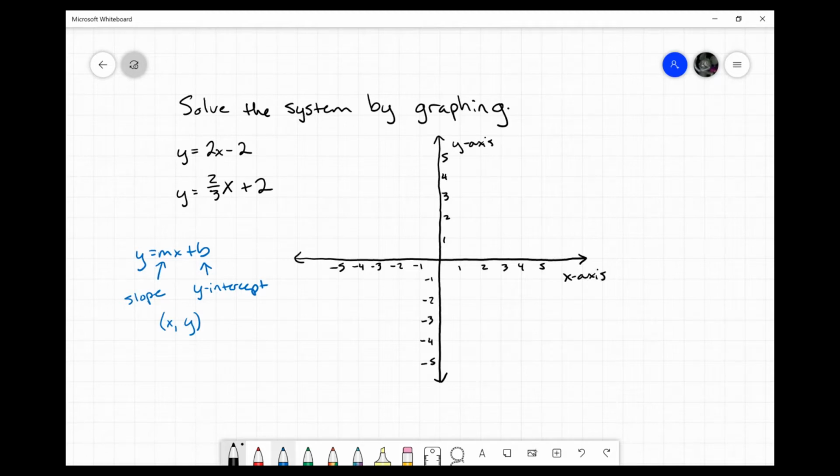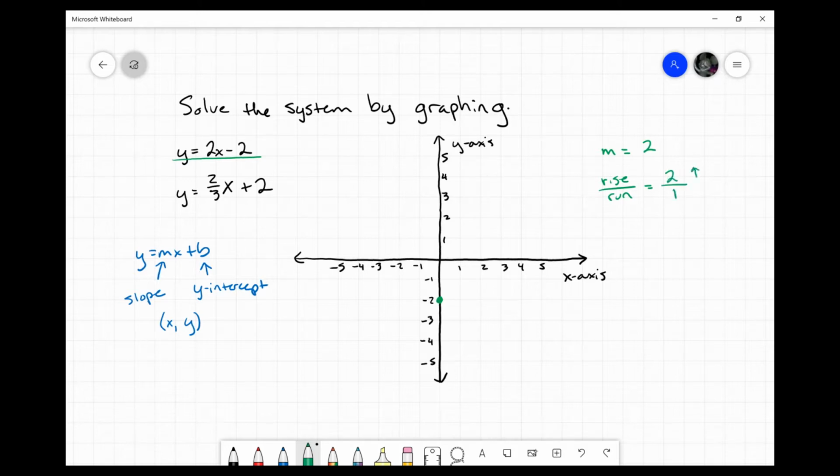So I'm going to use green to represent the graph of our first equation. I see that it crosses at -2, so I will plot a point at -2. That is our y-intercept. Then we have a slope of 2. Well, slope is rise over run, so I can turn the 2, a whole number, into a fraction by putting it over 1.